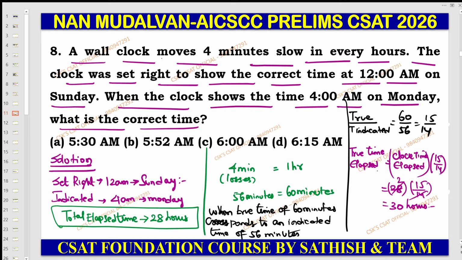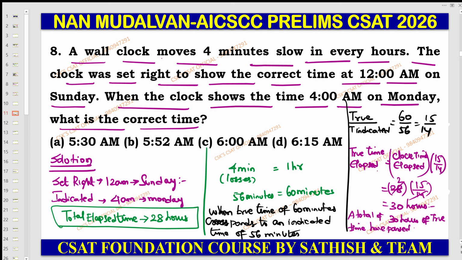So which means that a total of 30 hours of true time have passed.